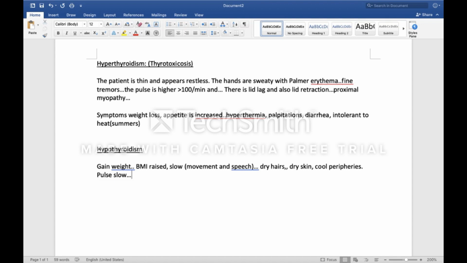So many of these people have periorbital swelling as well. Okay, I'm talking about the patients of hypothyroidism. Okay, so why they have periorbital swelling is basically, you can say, because they have edema.